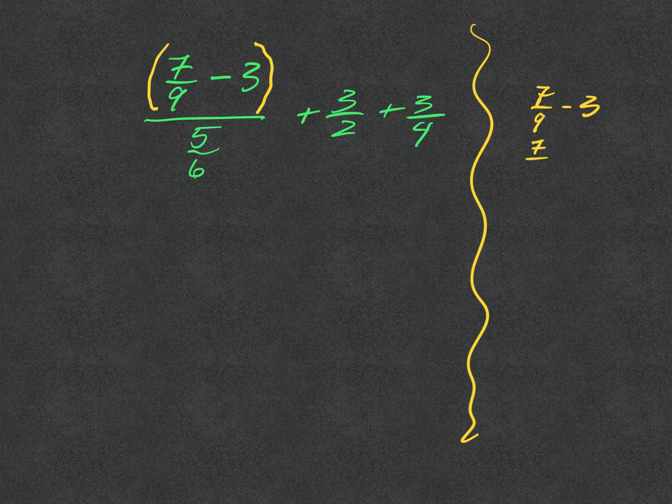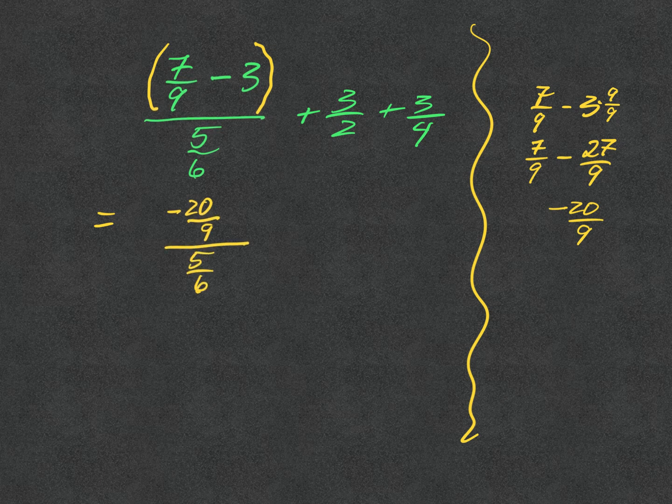So 7/9 minus 27/9. So what I did is I multiplied 3 by 9/9, so I'd have a common denominator. So the numerator is negative 29. So now I've done that operation. So now I'm rewriting negative 29 divided by 5/6 plus 3/2 plus 3/4.